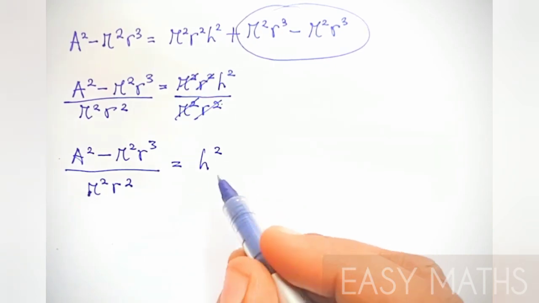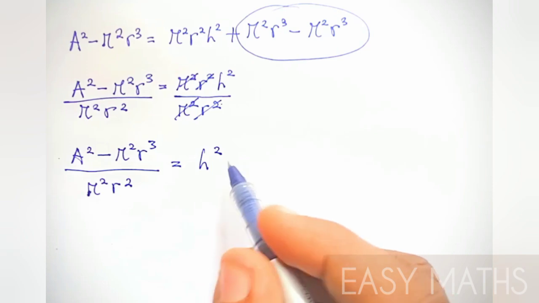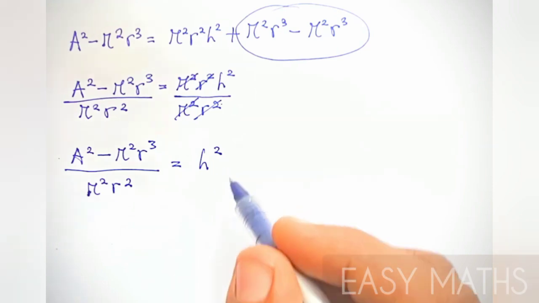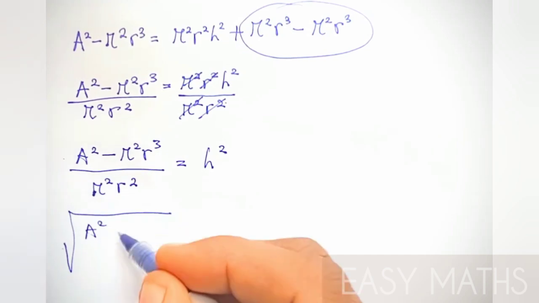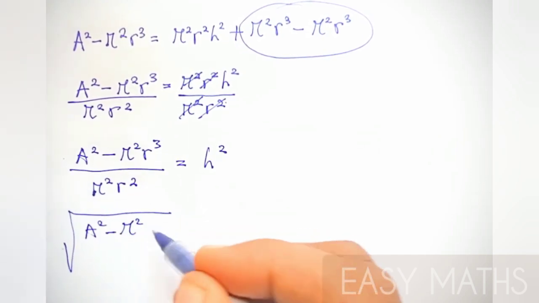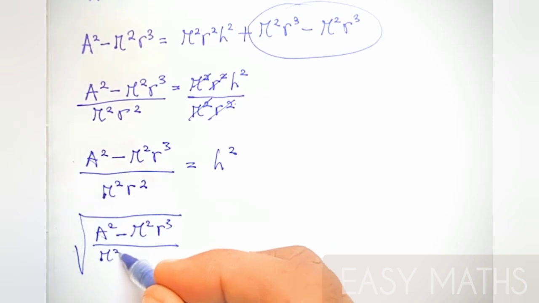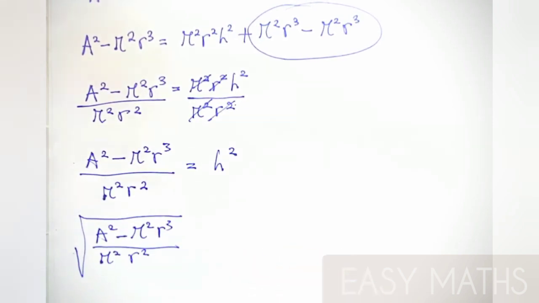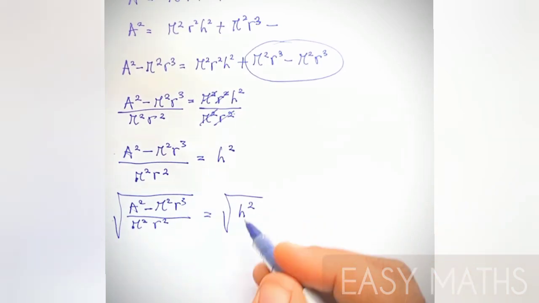Okay, now how do we remove this square? We are going to find the inverse of square, which is square root. So we're going to square root both sides. So we have the square root of a squared minus pi squared r cubed all over pi squared r squared equals the square root of h squared.